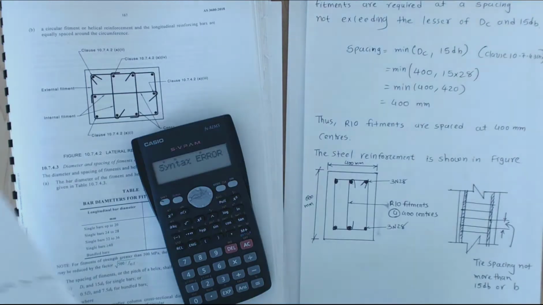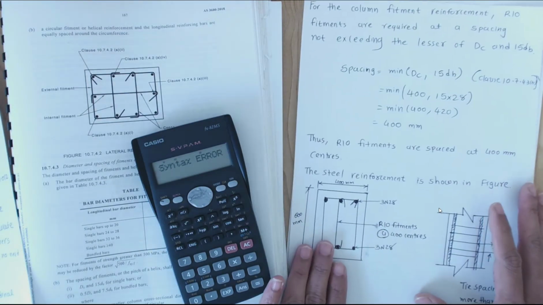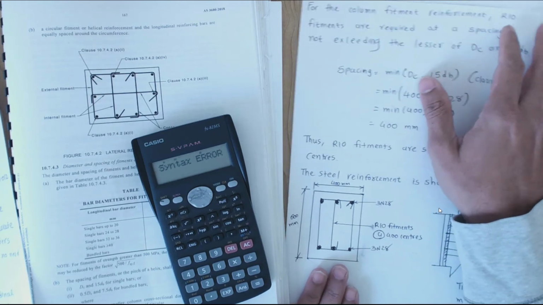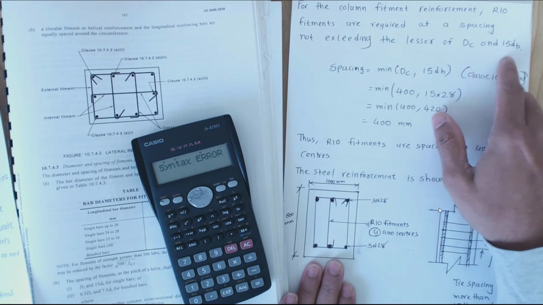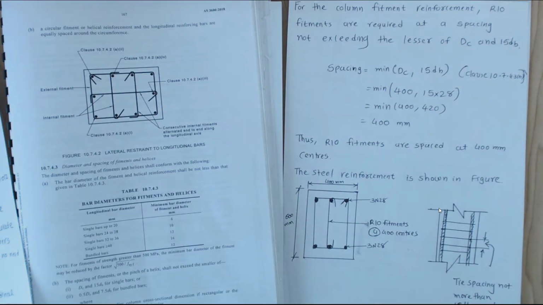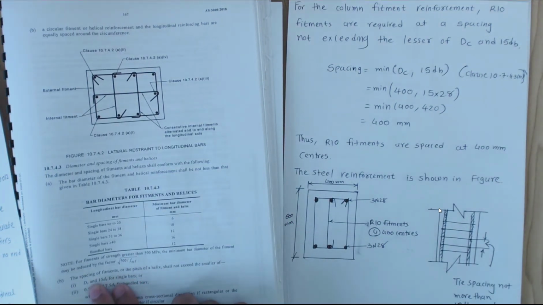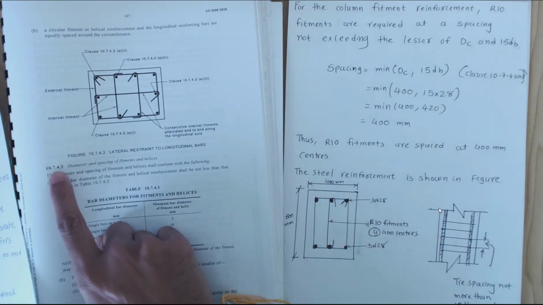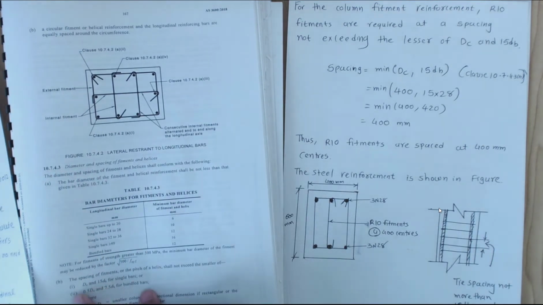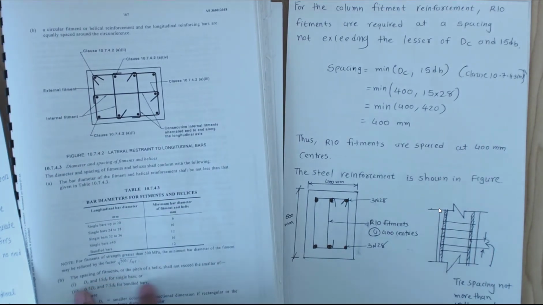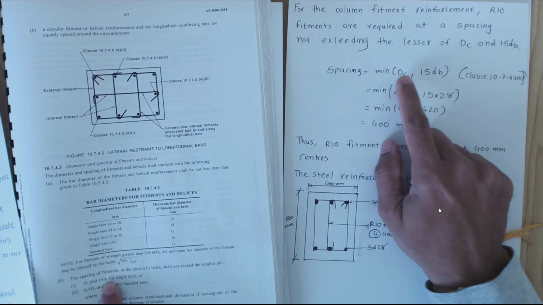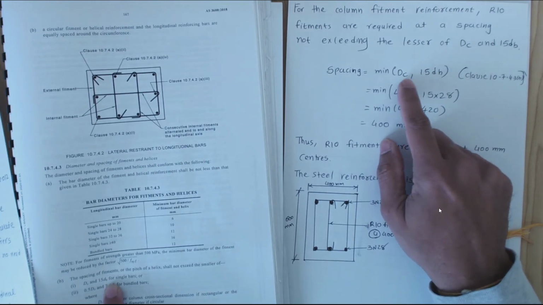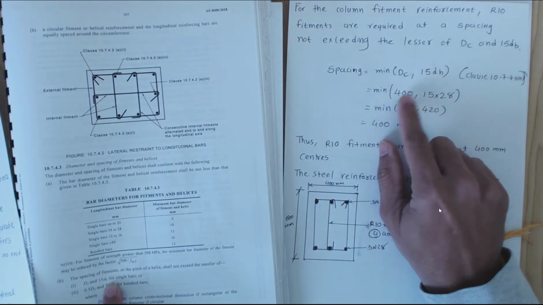Now the reinforcement detailing for the column fitments. R10 fitments are required at a spacing not exceeding the lesser of Dc and 15 db. Where is it coming from? It is coming from clause 10.7.4.3, which says the spacing of fitments should not exceed the smaller of Dc and 15 db. Dc is the smaller dimension of your cross section.